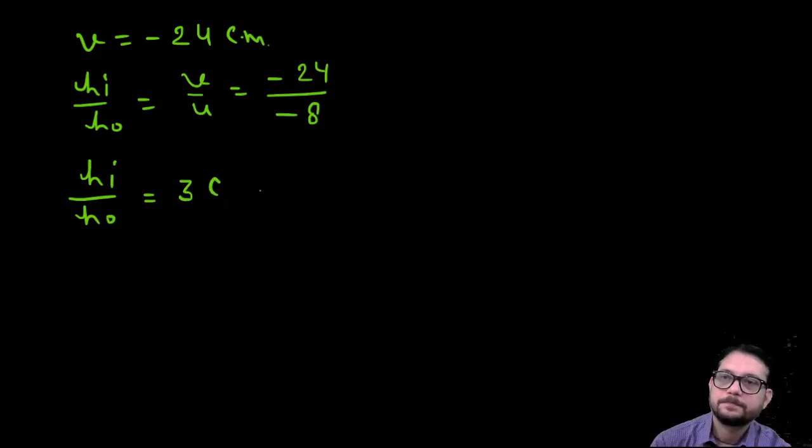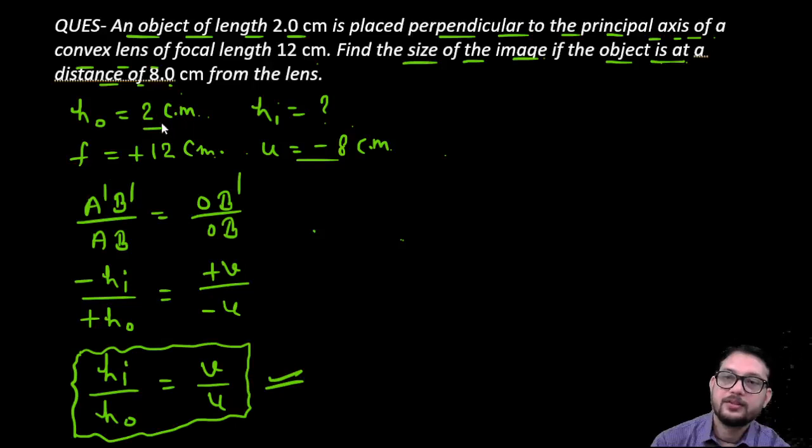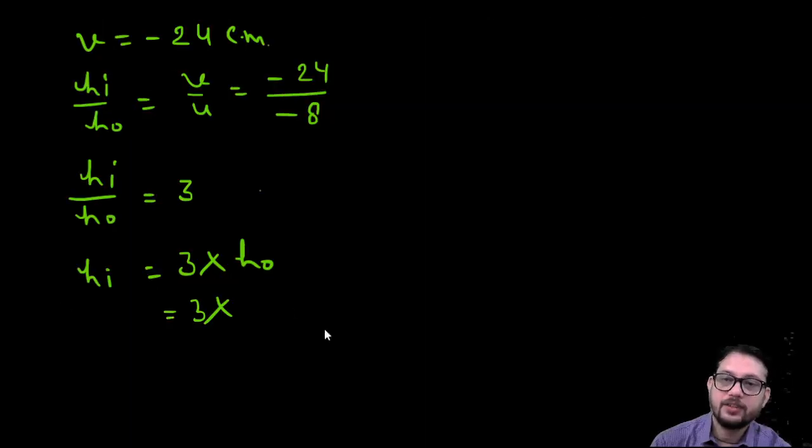Now hi will be 3 into ho, and ho is 2, so it will be 6. It will be minus 2, absolutely, sorry, plus 2, because the height of the object is on the upper side.